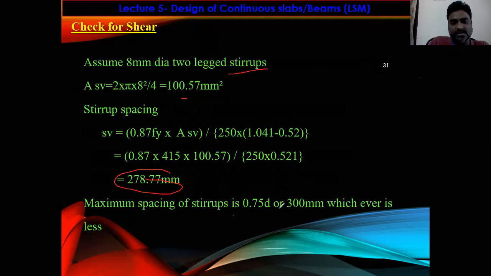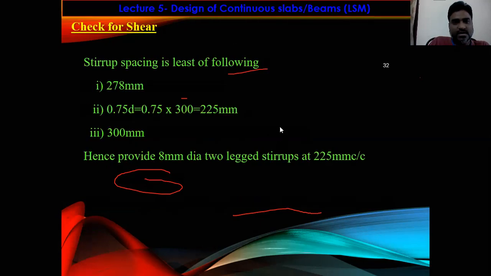Therefore, the maximum spacing should not be greater than 0.75d or 300 mm, whichever is less, right? So this is 278 as per the calculation, and 0.75d is 225. So therefore, provide 8 mm diameter 2-legged stirrups at 225 mm center to center spacing.